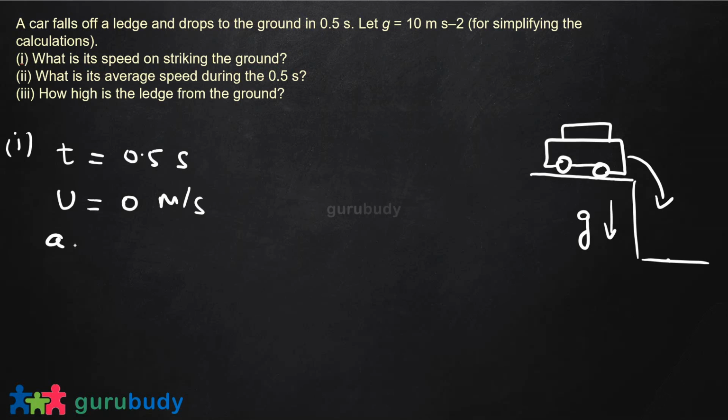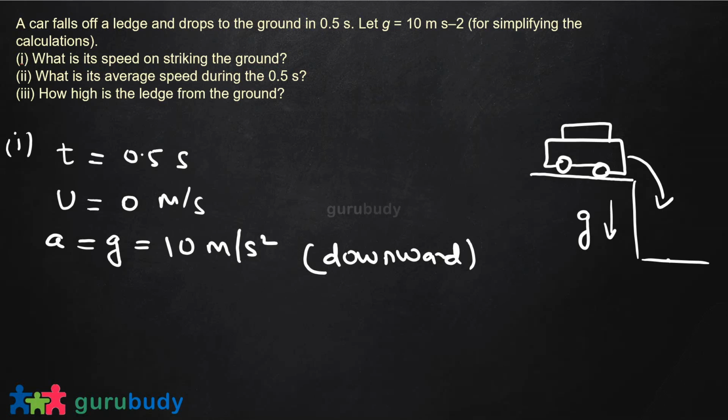Acceleration, which would be g here, is going to be positive. Instead of 9.8, I would be using 10 because the problem says use 10 meter per second square. You can say it is downward if you want, just so that there is no confusion. Because the car motion would be downward and acceleration is downward too, they were in the same direction, so use positive. Now we have the formula v equal to u plus at, where v is the final velocity.